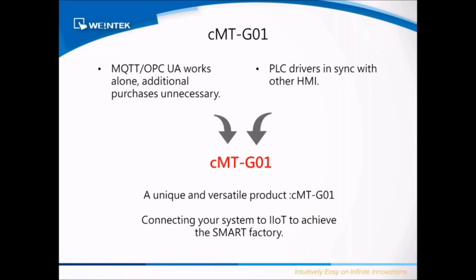And all our PLC drivers are synchronized with our standard HMI, so you don't have to worry about driver support. We support all our drivers on cMT-G01. So this device is a very unique and versatile product for you to integrate into IoT or any smart factory that you want to build.